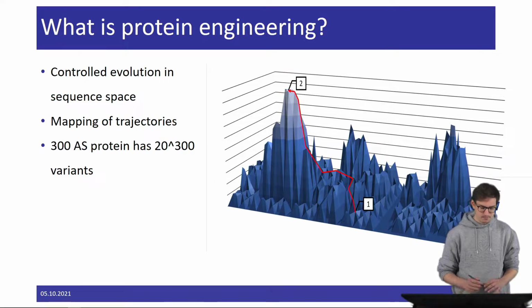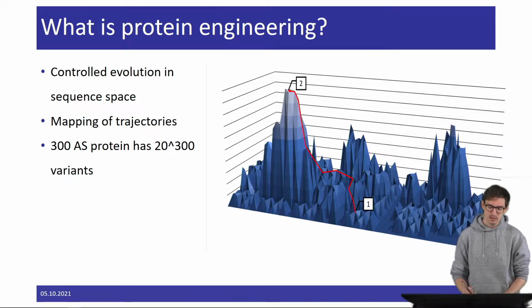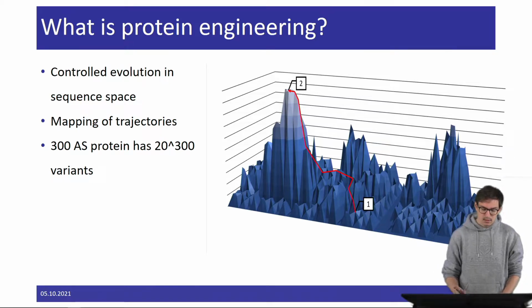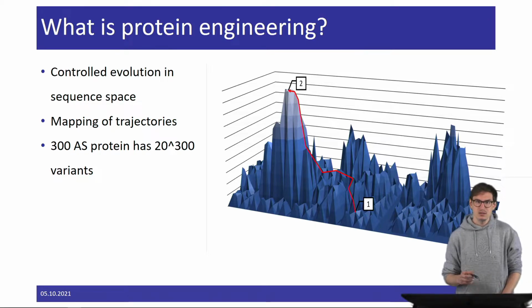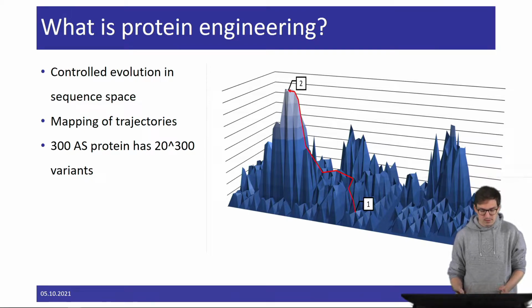Now there's a problem. The normal standard enzyme has usually 300 amino acids, something around the lines of that. Which would mean that for any specific protein of this size, there would be 20 to the power of 300 variants. Obviously, you cannot test all of these variants, right?